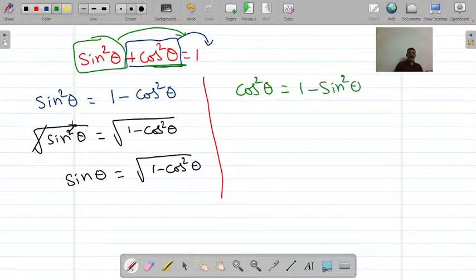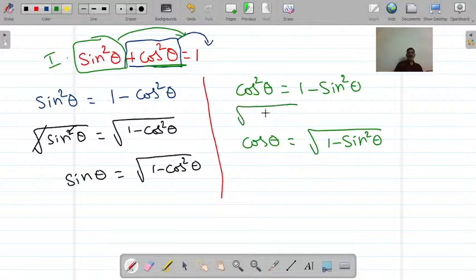And again the same thing, if I take the square root, I get cos theta is equal to root of 1 minus sine square theta. Means actually this is the first identity, and by using this identity we can get some other results. So these are the additional results which we can obtain from the identity which we have proved.